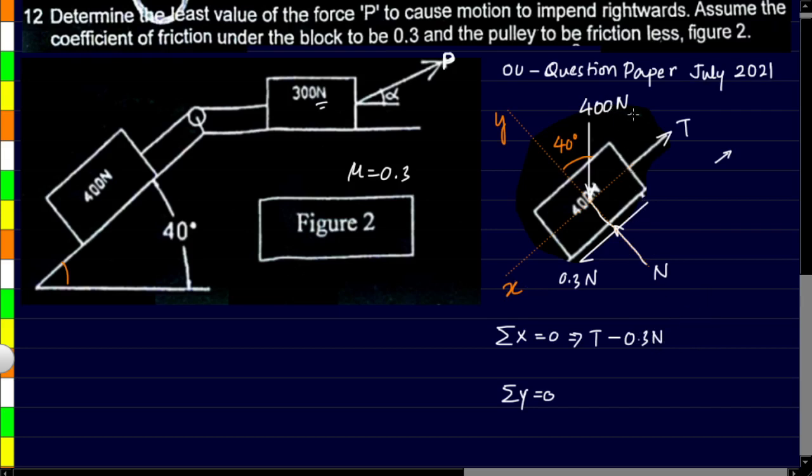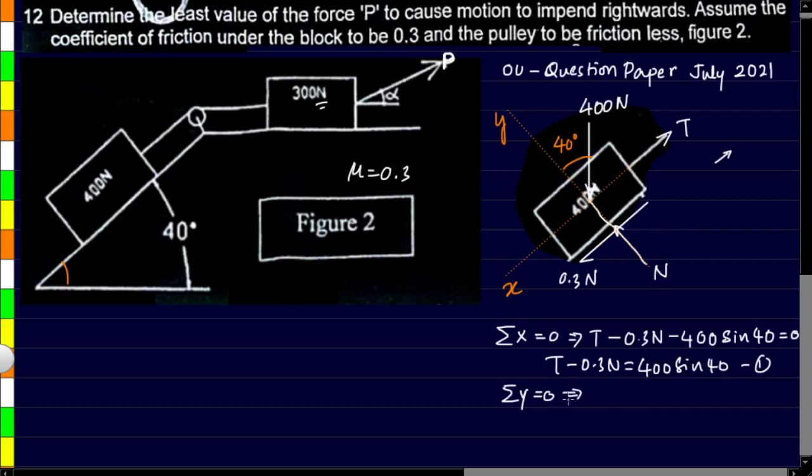Then the component of 400 newtons will also be acting in negative x direction, so we have to take it as minus 400, and the component itself will be sine of 40. The total of course has to be equal to 0. Now let's just rearrange the terms so that we get the equation in proper format. So this will become our equation number 1.